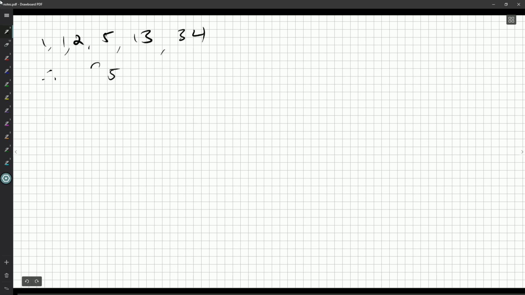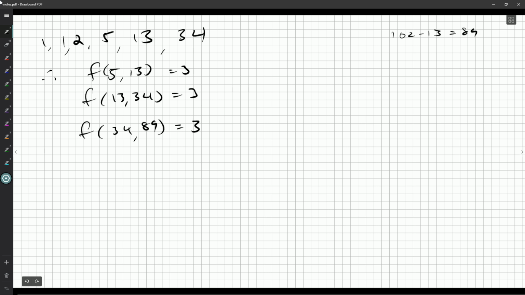So f(5,13) is 3. But then f(13,34) is 3. And then 34 times 3 is 102, minus 13, oh, look at that, 89. Another Fibonacci number. Why?